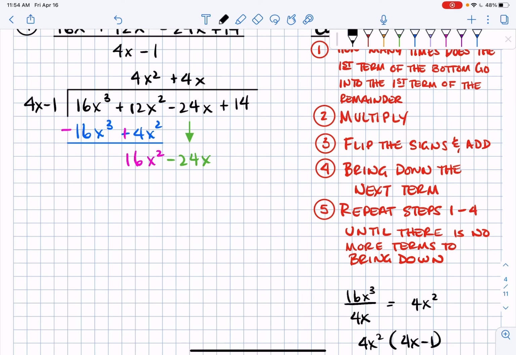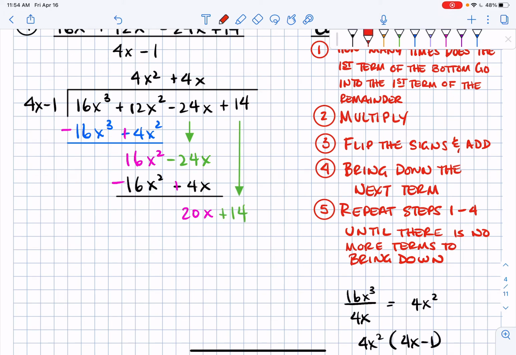So then we multiply, so we get a 16x squared minus a 4x. So what do we have left? We got to flip the sign first, then we add, so I'm going to have a 20x left, and then we have to bring down the next term, which is plus 14.